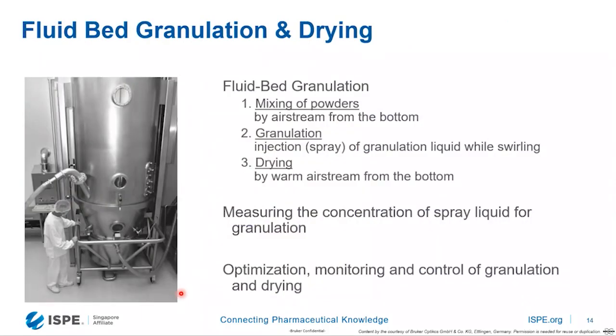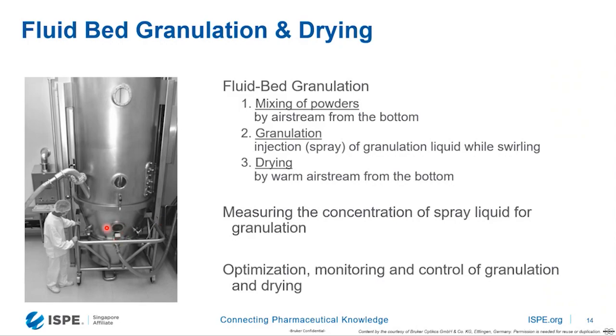Next example is for fluid bed drying. And you can see here that in general, every fluid bed dryer or granulator will have this kind of window. We want to monitor mainly the moisture content, because after a certain time of drying, the sample should be moved to the next procedure.